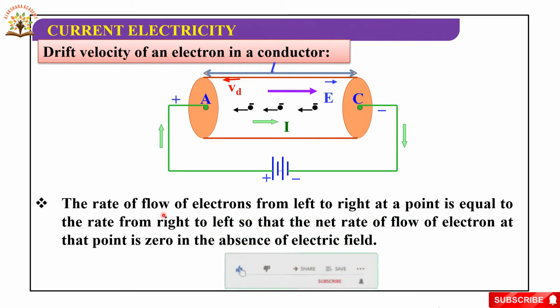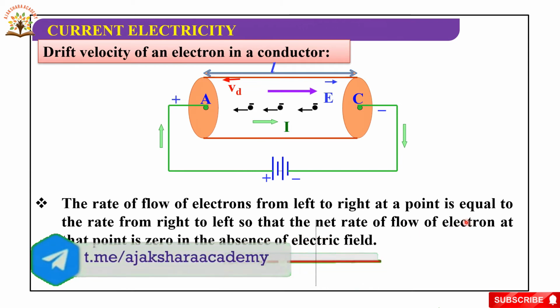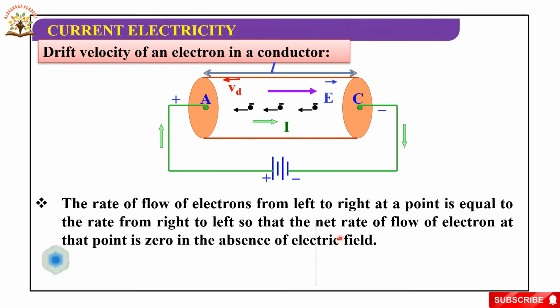The flows from left to right and right to left are balanced. That's why the net rate of flow of electrons at that point is 0 in the absence of electric field.